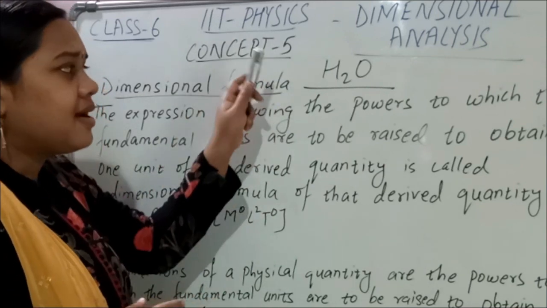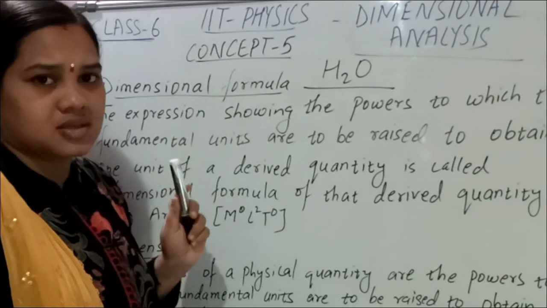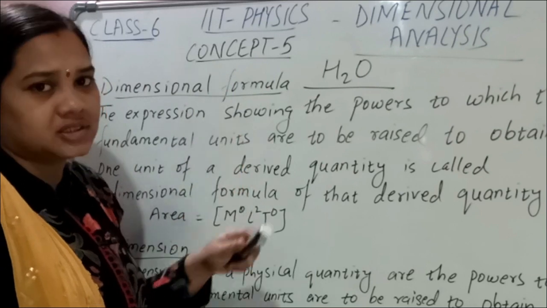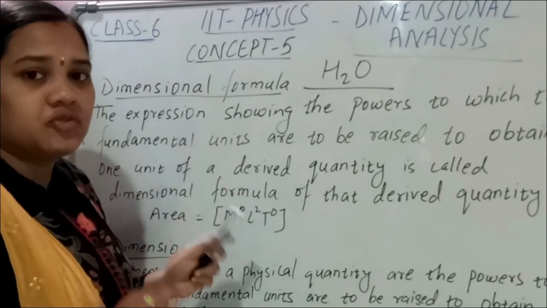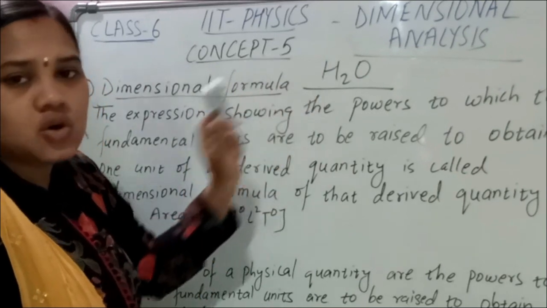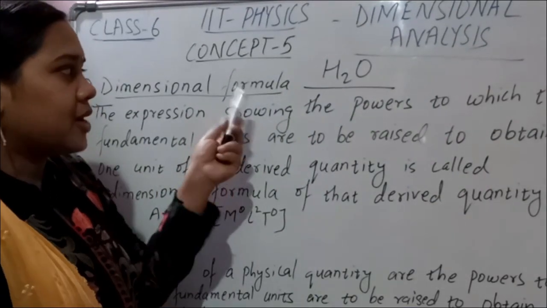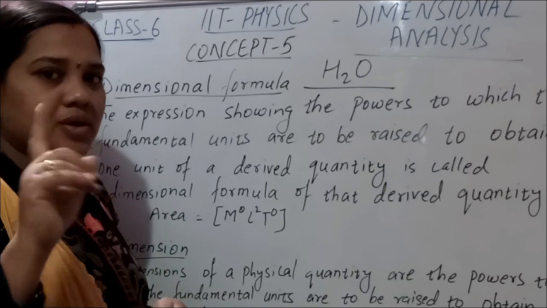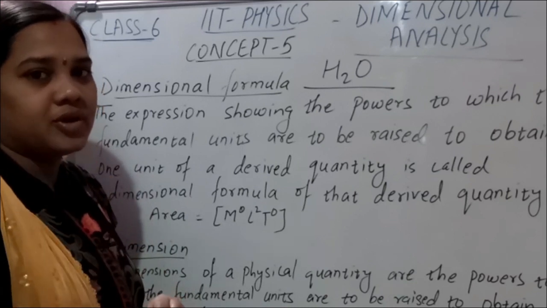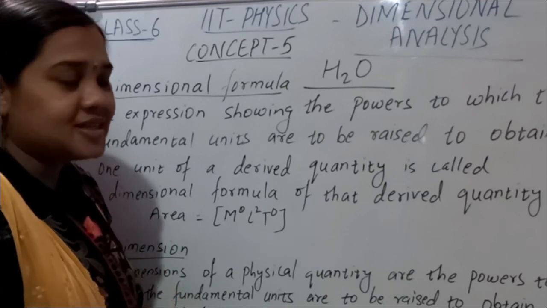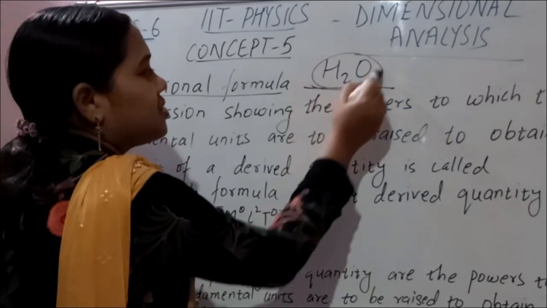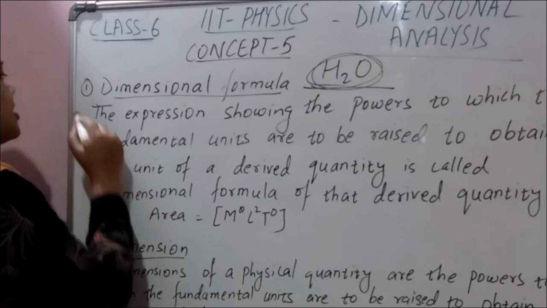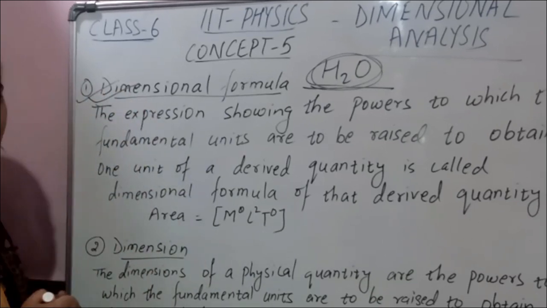The elements are hydrogen and oxygen, in a 2:1 ratio. 2 atoms of hydrogen and 1 atom of oxygen form one molecule of water. So, like in chemistry you read the molecular formula, in physics we have the dimensional formula.